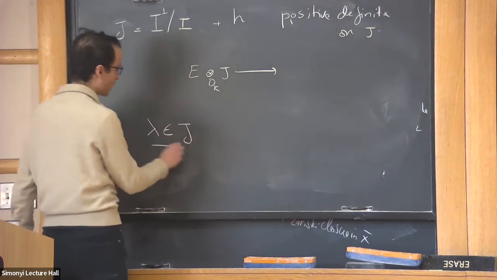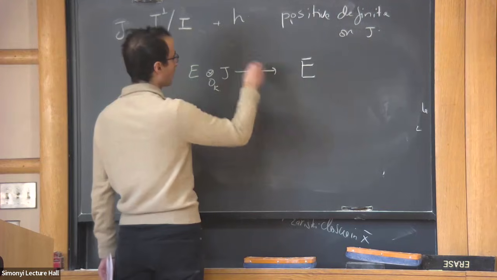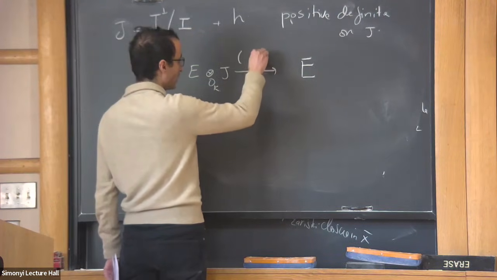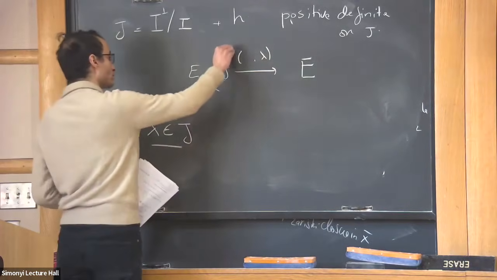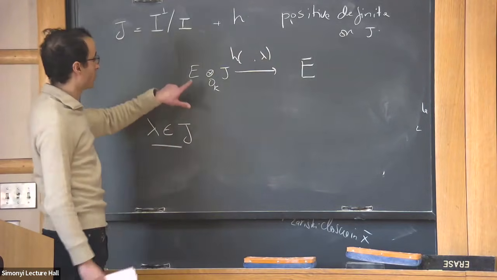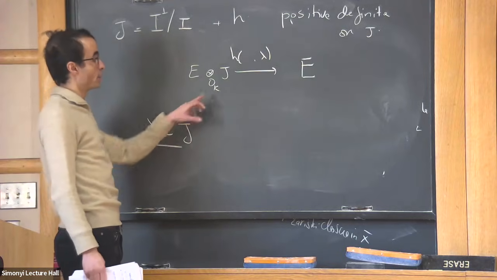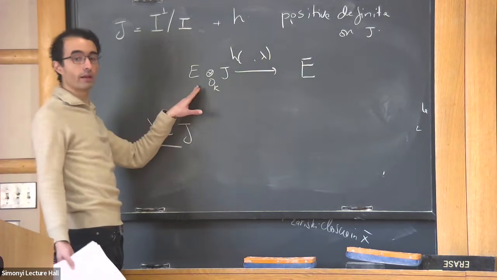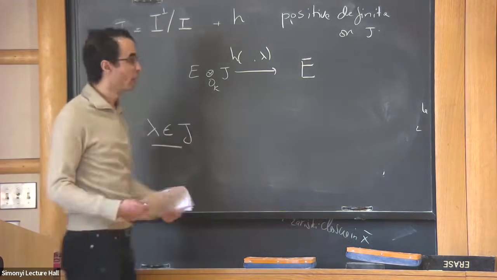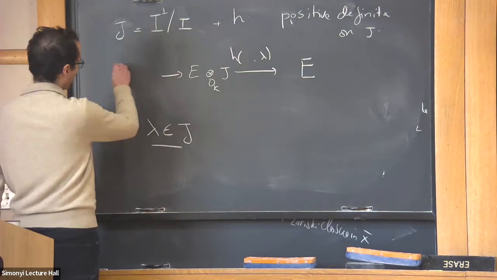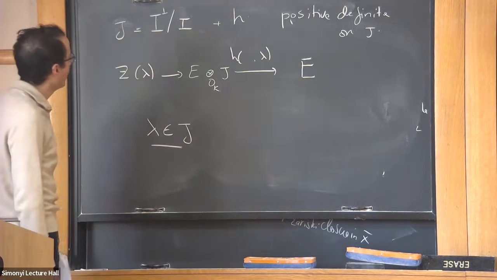Every time I have a vector lambda in J, I have a natural pairing from E tensored with J to E, where I just pair on the second factor with lambda, using H. So an element on an elliptic curve and an element on the lattice, I pair with lambda, I get an element in OK. And I know how to multiply an element in the elliptic curve by an OK element, so I get an element in E. The kernel of this is Z lambda.